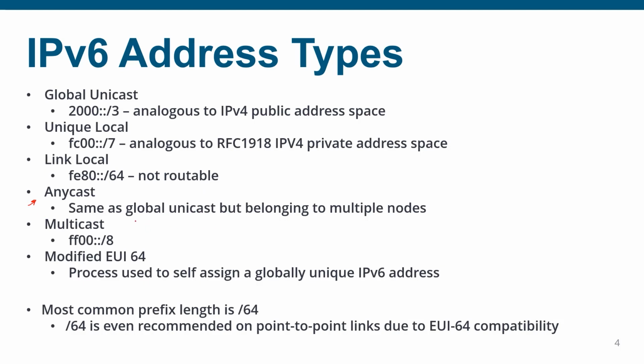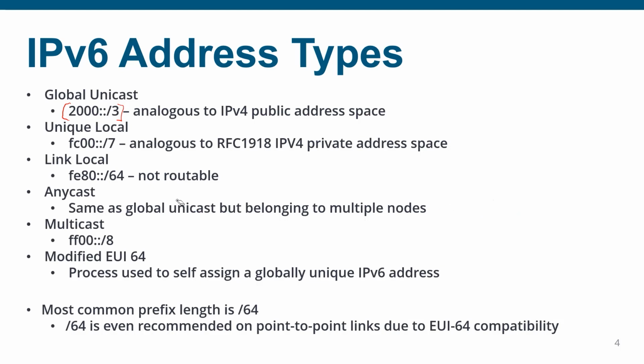There is the Anycast IPv6 address type. This is the same as the global unicast address type. Same range, the 2000::/3, but one address can belong to multiple nodes to allow, instead of a one-to-one, a one to closest.